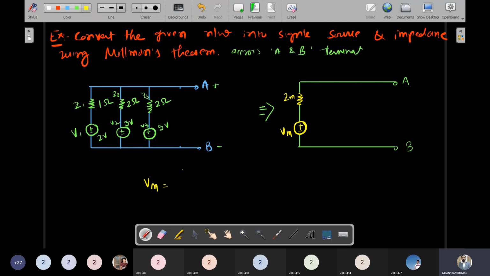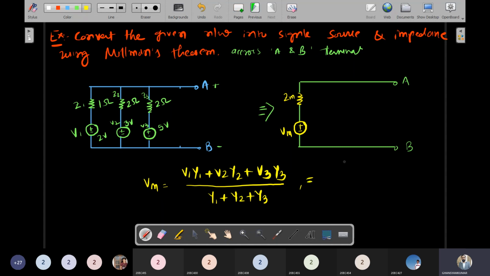So we can write it this way: V1 Y1 plus V2 Y2 plus V3 Y3 divided by Y1 plus Y2 plus Y3. In our case, V1 is 2 volt, V2 is 3 volt, and V3 is 5 volt. You put each and every value in this equation.